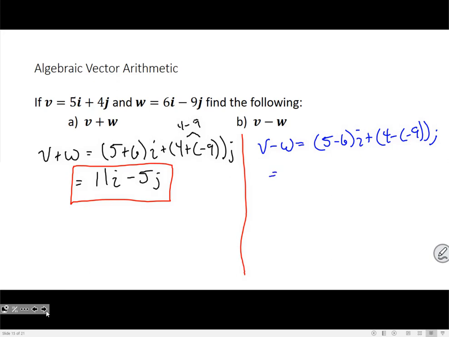So 5 minus 6 is negative 1, so I get negative 1i, and then my 4 minus negative 9 becomes 4 plus 9, which is plus 13j. You could also write this as just negative i plus 13j, and that is my resultant vector for v minus w.